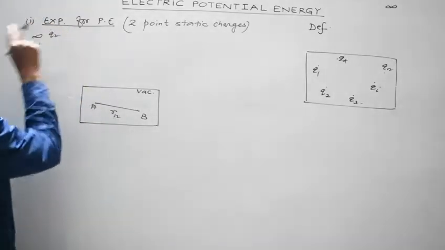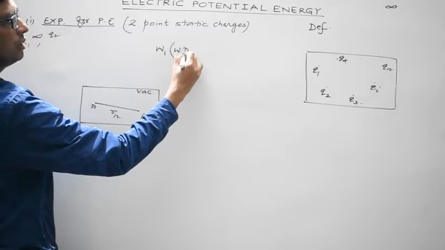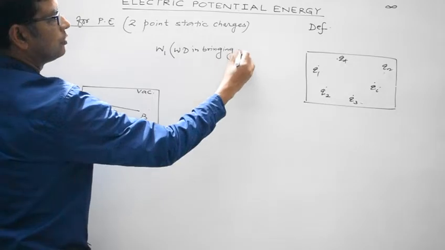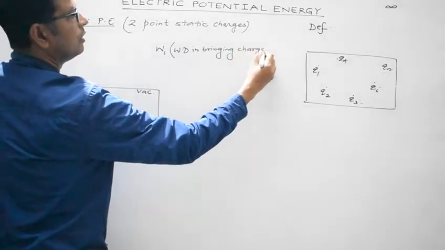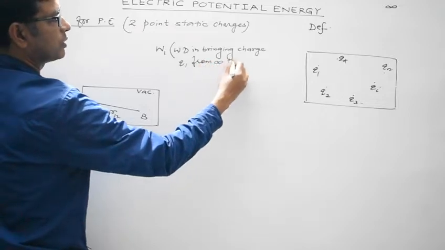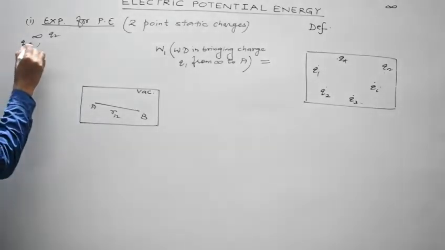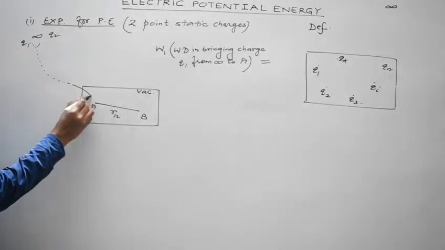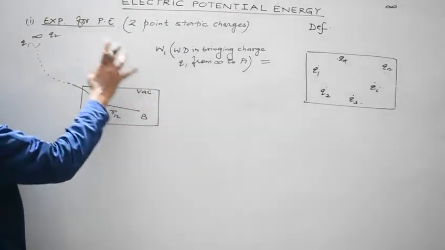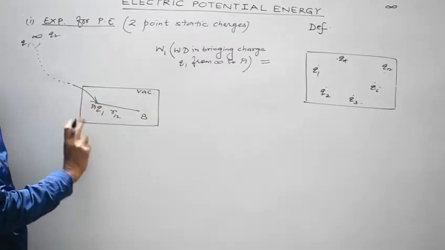So let's first talk about W1, which is the work done in bringing charge Q1 from infinity to its respective position A. Now look, as we bring charge Q1 from infinity to position A, there is no other charge present in its vicinity. So it won't experience any electric force.